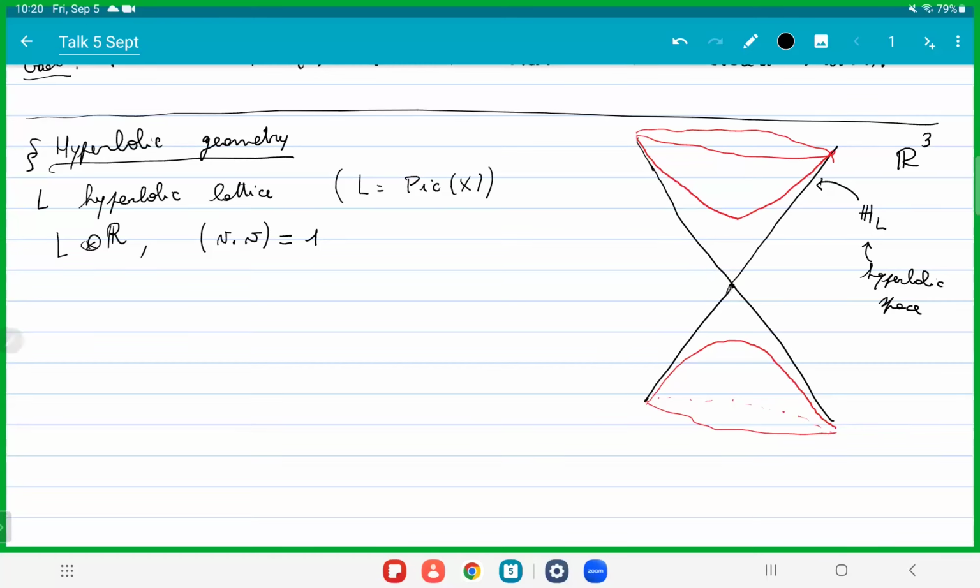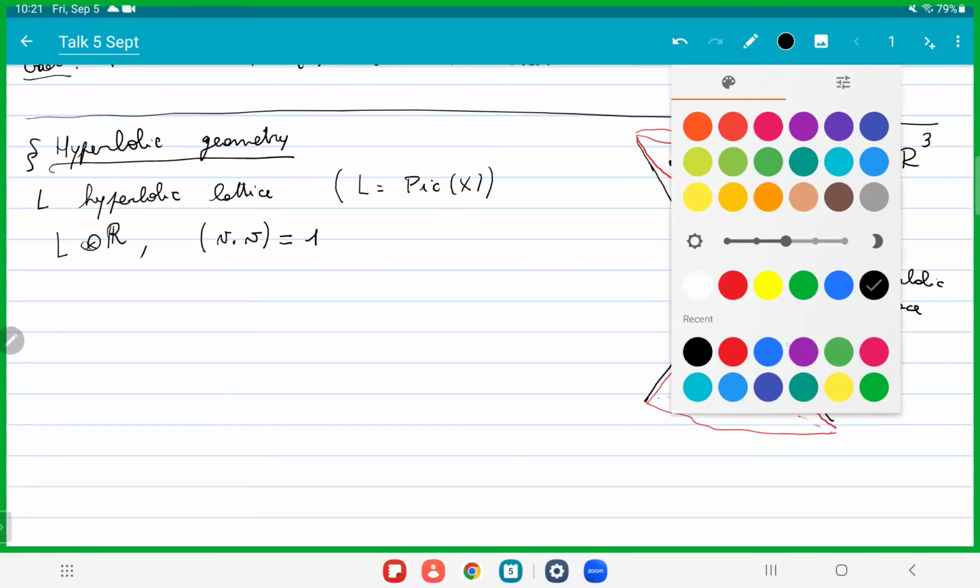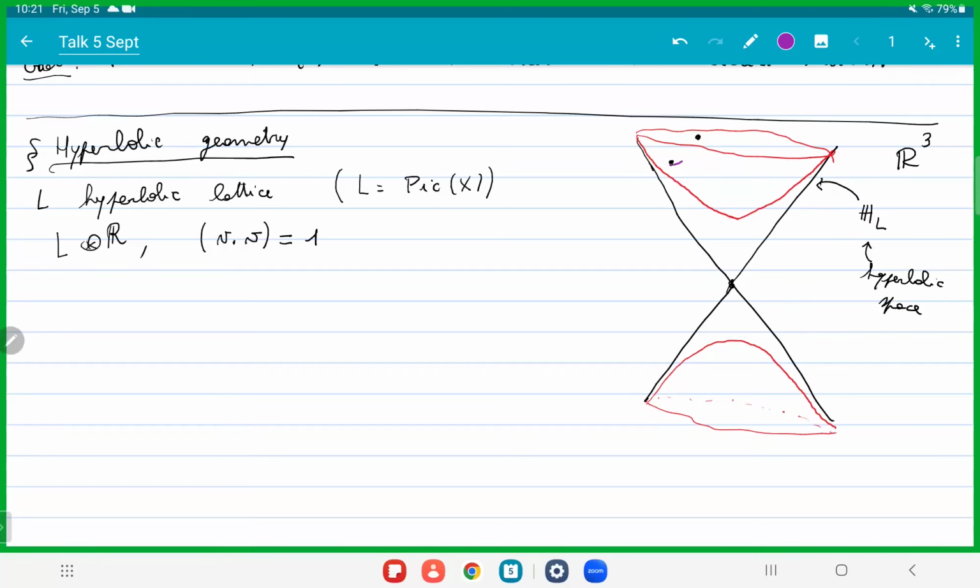So for instance, now it's going to look very bad, but if you imagine that I have 2 points here, then I can take the plane containing these 2 points and the vertex and intersect it with the hyperboloid. So we obtain maybe something like this. Okay. So yeah, you have to imagine that. It's not going to look pretty, but like this.